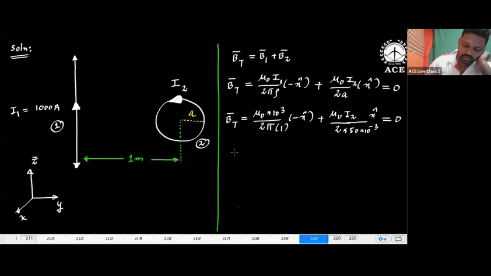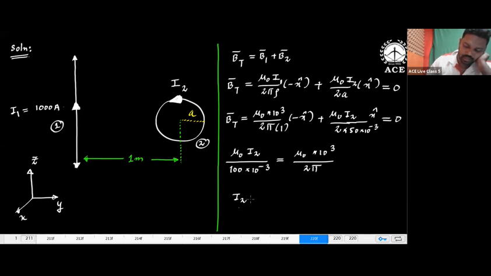So which is equal to mu naught into I2 divided by 100 into 10 to the power of minus 3, which is equal to mu naught into 10 to the power of 3 divided by 2 pi.